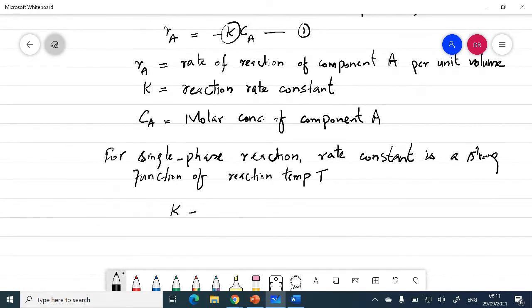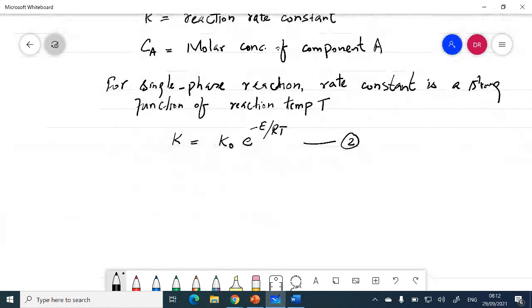How can we determine this k? There is another relationship to determine the reaction rate constant: k is equal to k naught e raised to the power minus E over RT. This is the Arrhenius relation.